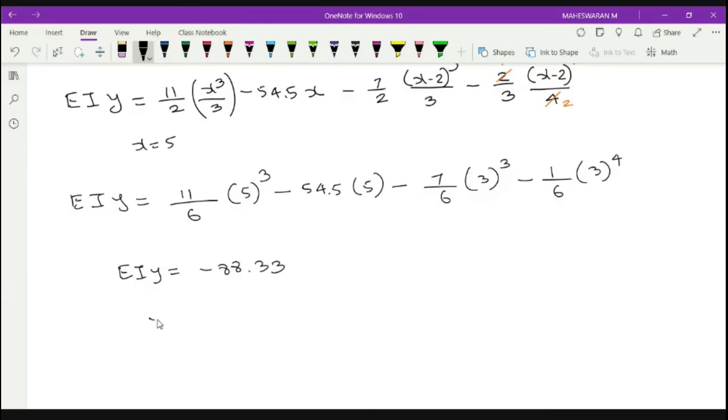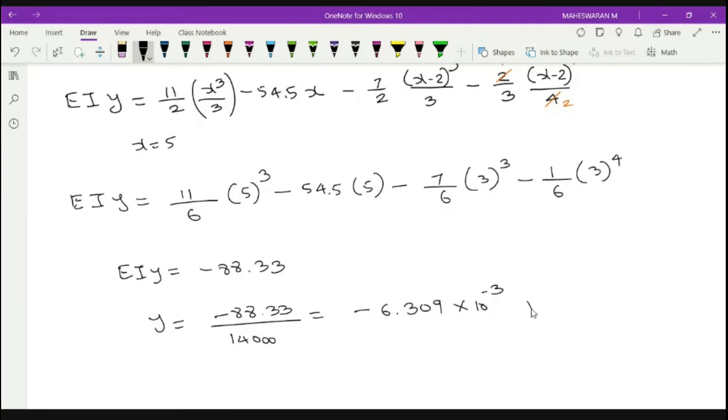So now let us identify what is y. So y is minus 88.33 divided by 14,000. So dividing this by 14,000, what will we get? We are getting minus 6.309 into 10 power minus 3.